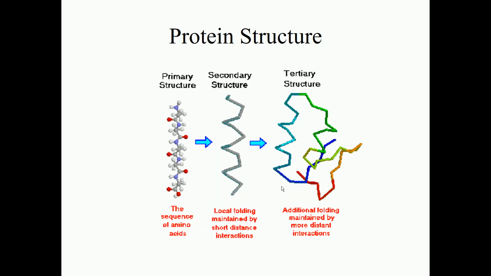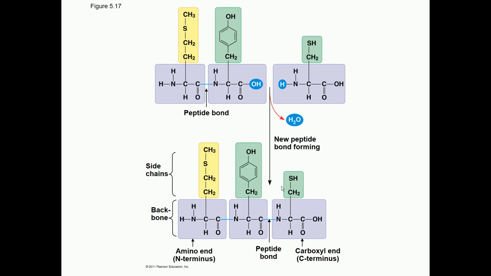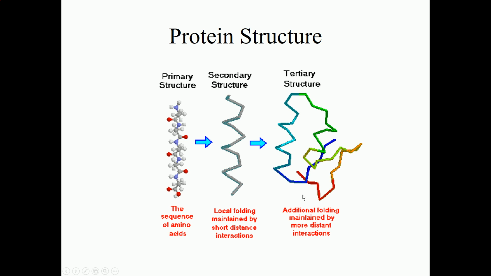They can form ionic bonds, disulfide linkages, hydrophobic interactions, and van der Waals interactions. So basically, when these R groups interact with each other, they can form various bonds, and because of this, the folded chain is going to fold more.